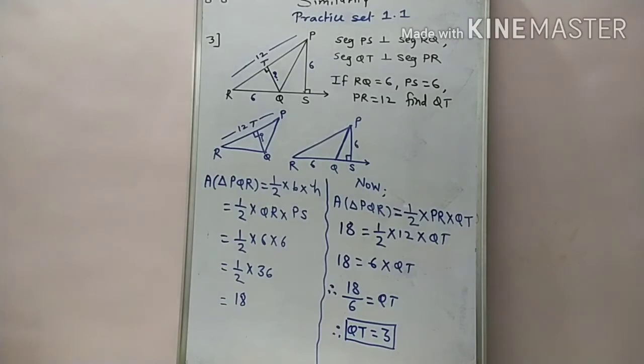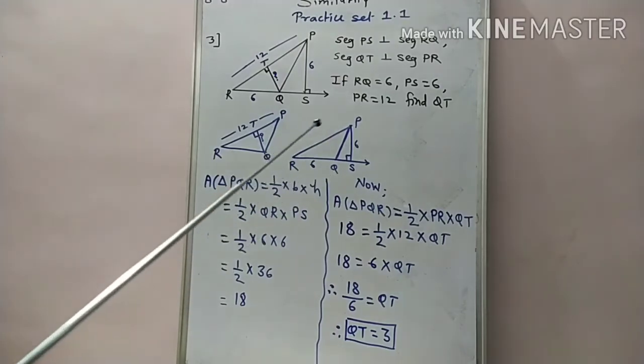Okay students, so here we do not use the property of the ratio of areas of two triangles. We use the formula for the area of triangle, the same formula for the same triangle.